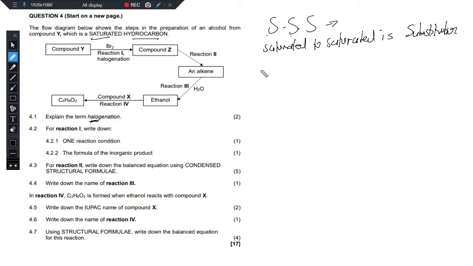What is a substitution reaction? If you are moving from an alkane to a haloalkane, or haloalkane to alkane, it is a substitution reaction because it's a saturated compound to another saturated compound.